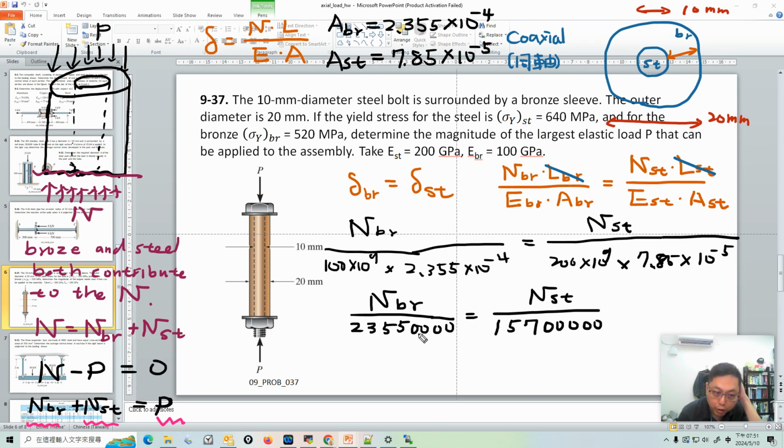So this tells you N_BR is equal to 2355000 divided by 1570000 times N_ST. So 1.5, really? 1.5 N_ST.